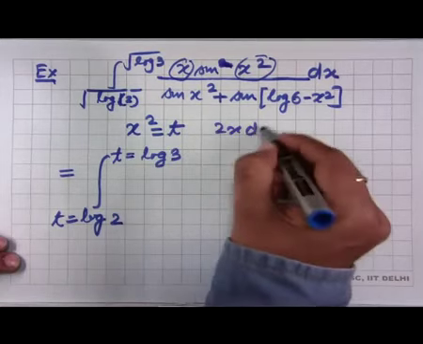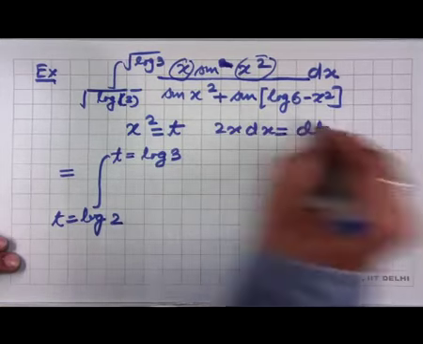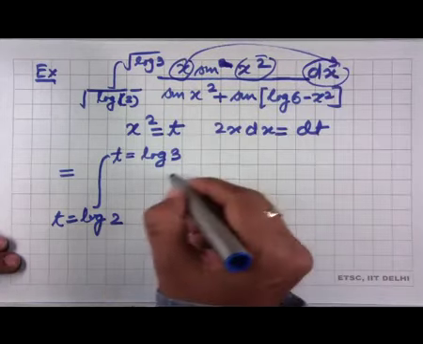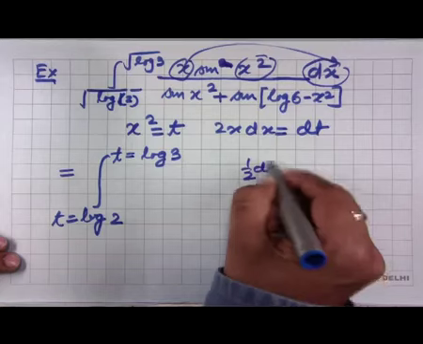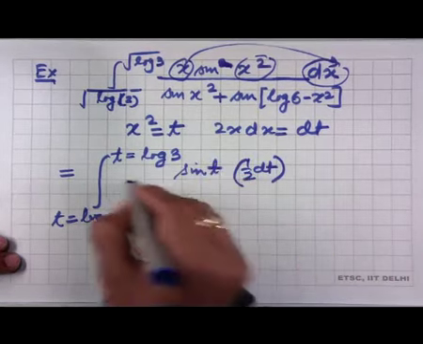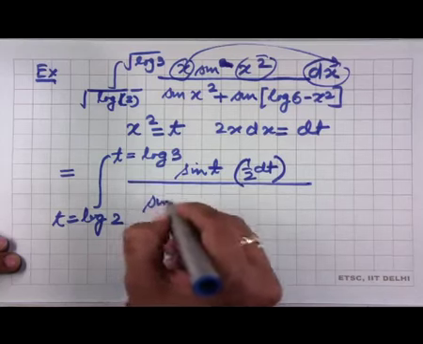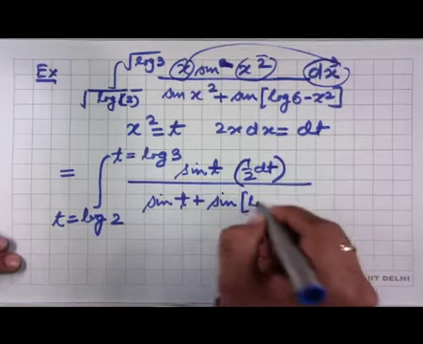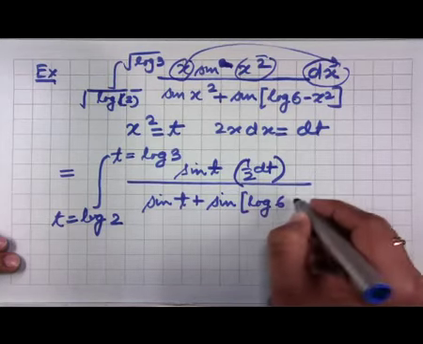2x dx will be dt. So this x you can combine with dx, it will be replaced by half dt. Sin x square is sin t, by sin t plus sin of (log 6 minus t).